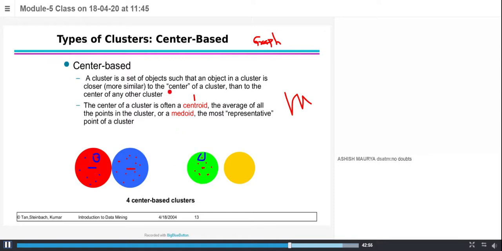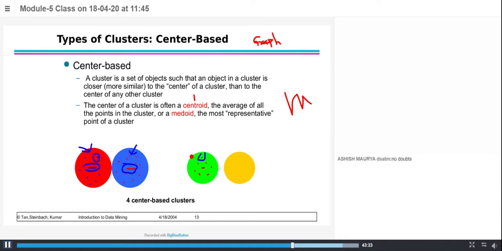So that's how center based works: an object in a cluster is closer to the center of its cluster than to the center of any other cluster. Objects closer to this particular center belong to this cluster.